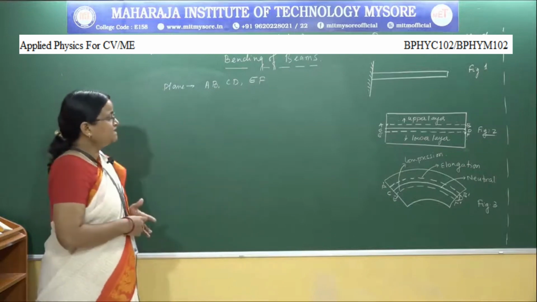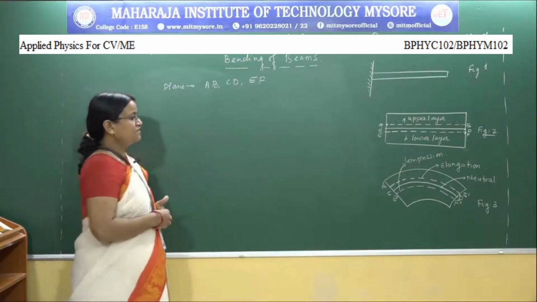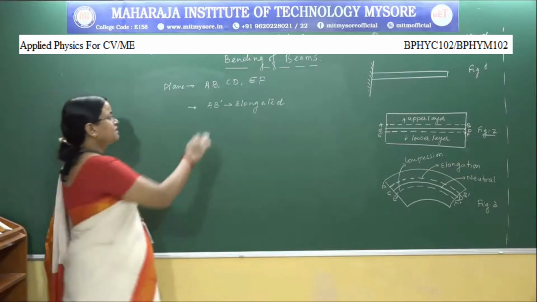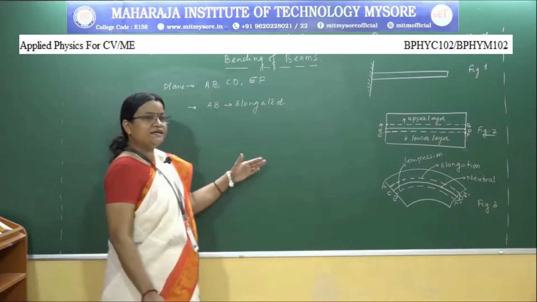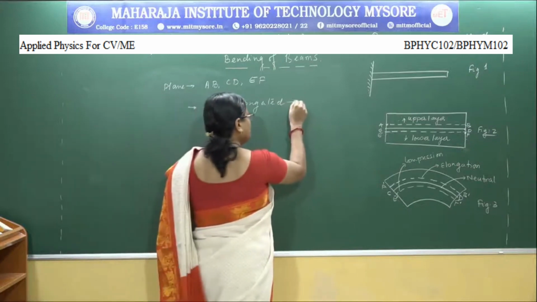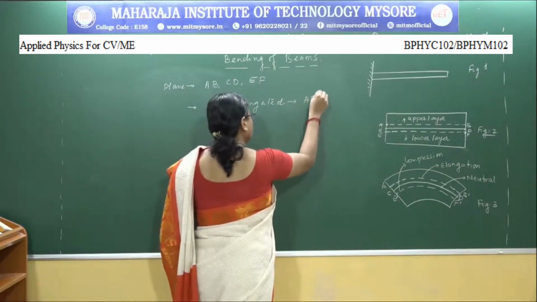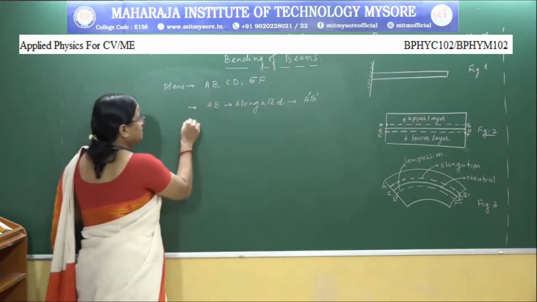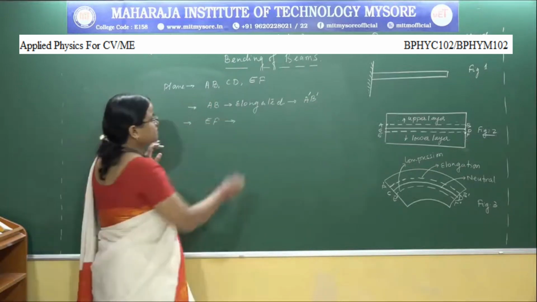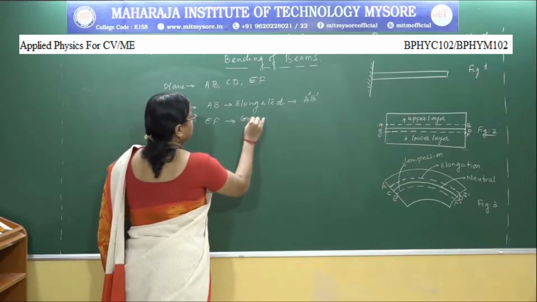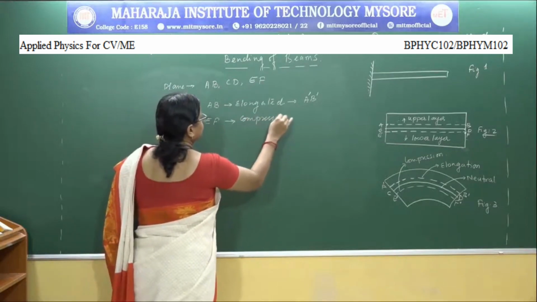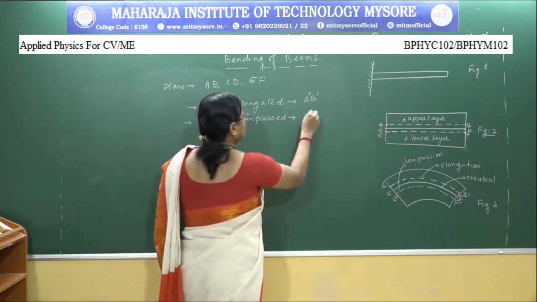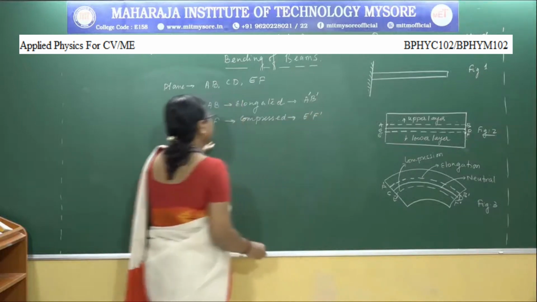Now when you apply the load, in the third figure you see that AB gets elongated and the new length is A dash B dash, and the layer EF gets compressed to E dash F dash.